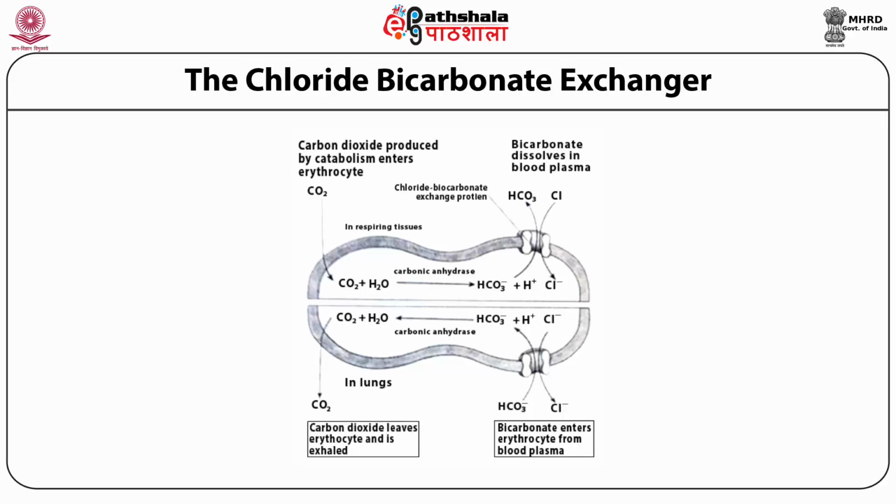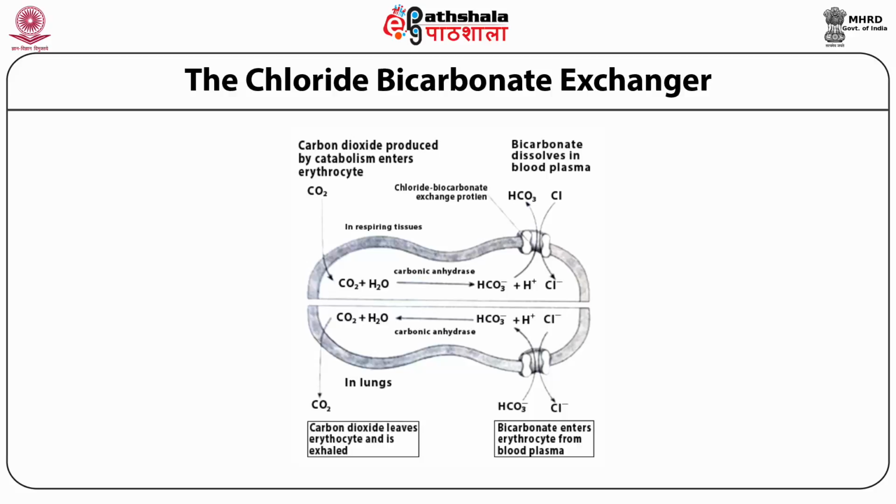In erythrocytes, CO2 forms bicarbonate anion, via carbonic anhydrase. The high turnover of carbonic anhydrase reflects the importance of this step. The bicarbonate anion is now released back by the erythrocytes into the blood.